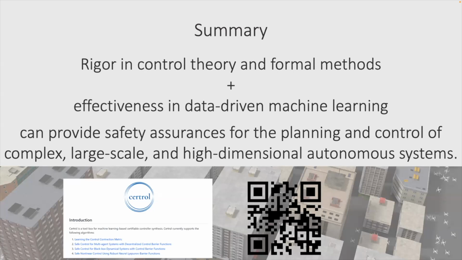I also put formal methods here because that's the thing for the higher complex requirements. I didn't really get there. But we can combine the rigor in these mathematically grounded approaches with the effectiveness in data-driven learning. And as a result, that can provide us safety assurance for the planning and control of quite challenging autonomous systems. So that's all I want to say. I have a QR code here that has everything, the code that generates all the simulation environments I have talked about.